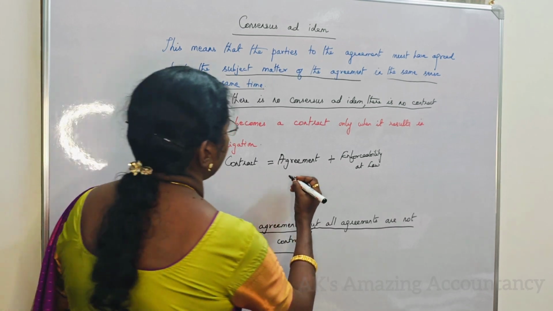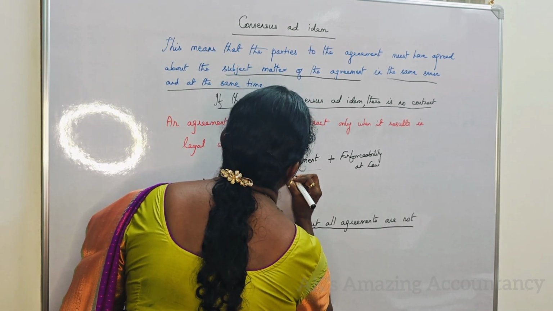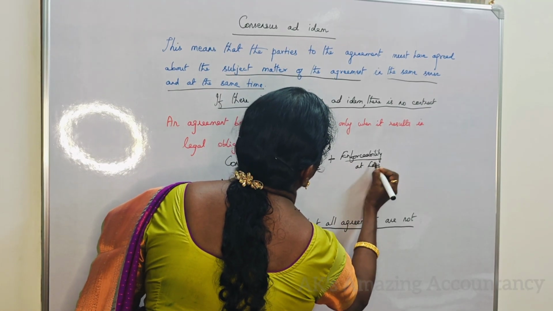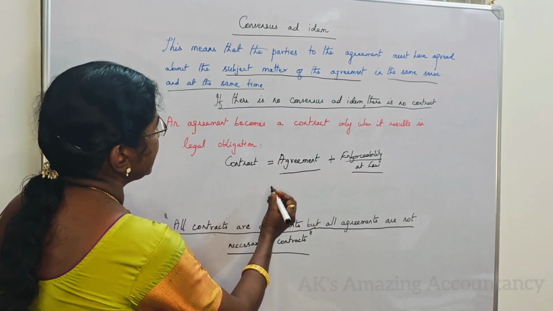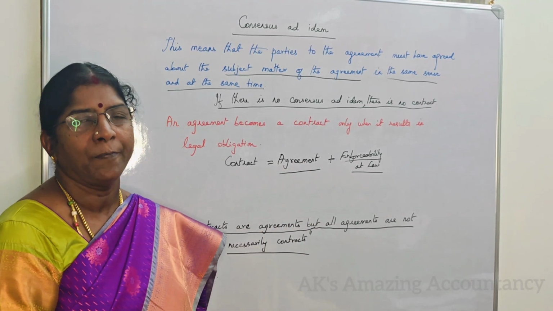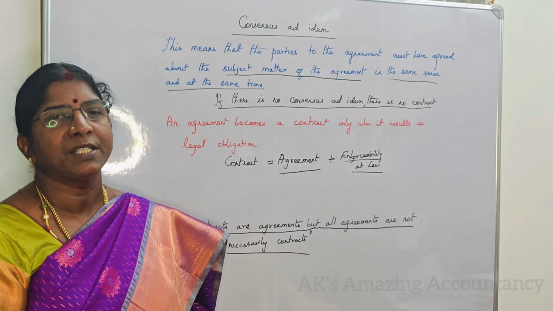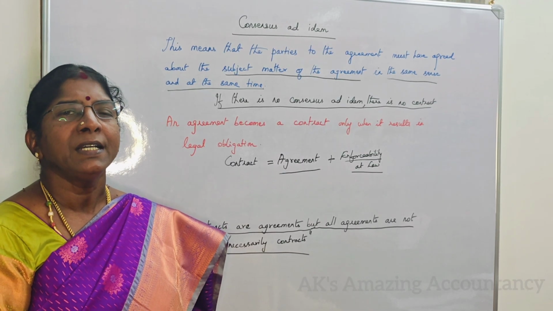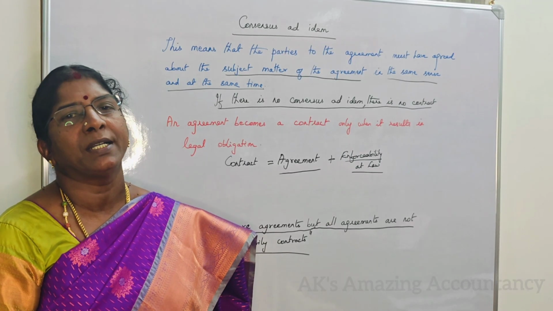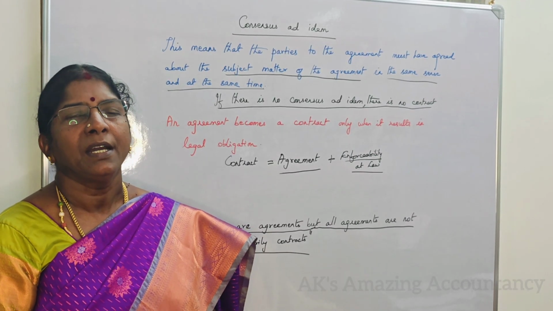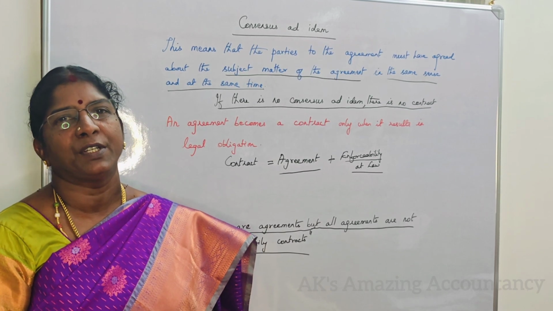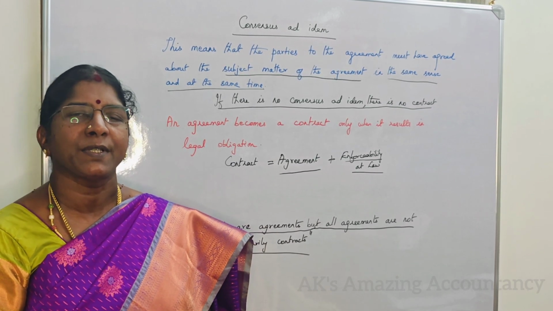Basically, there should be an agreement between two parties, and such an agreement should be legally enforceable. So contract is equal to agreement plus enforceability at law. This is what is given by the definition. As I told you earlier, section 2H of the Indian Contract Act 1872 tells you that a contract is an agreement enforceable at law, and this is the meaning of the definition given by section 2 subsection H.